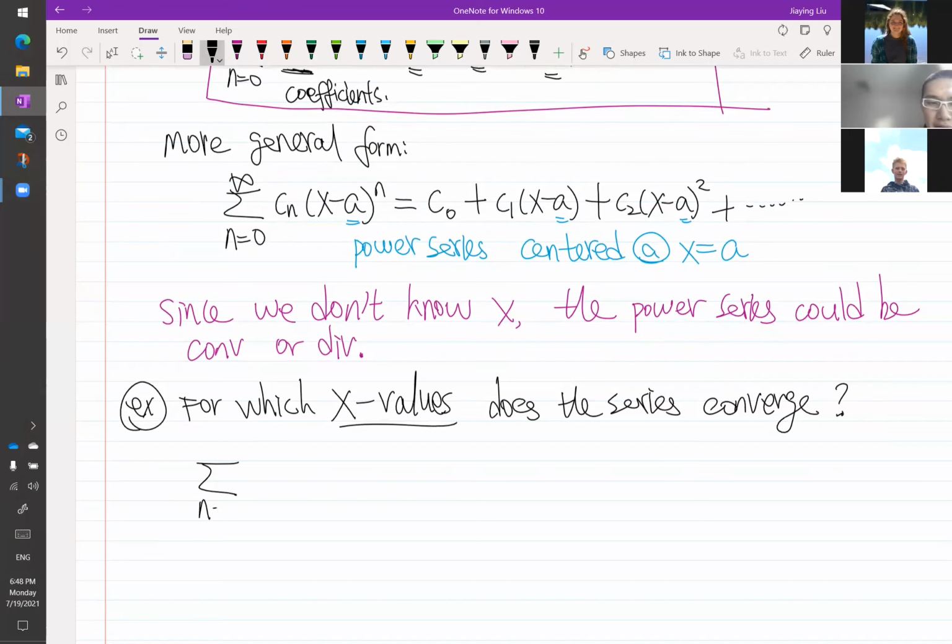It has n from 1 to infinity of (x minus 3) raised to the n divided by n. And we want this to converge, but we want to find out the x values that will make it converge.